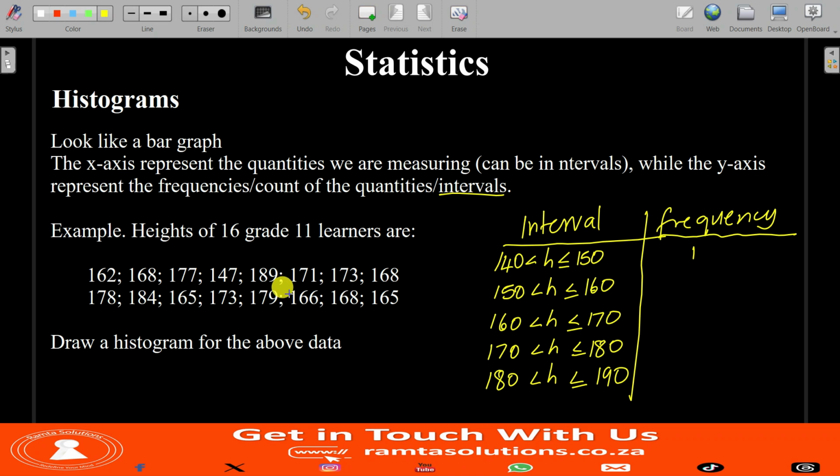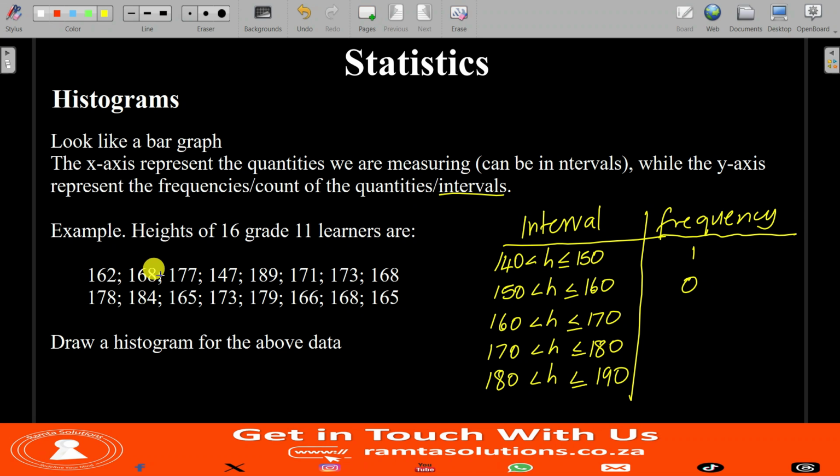Those that are greater than 150 but less or equal to 160, I don't see any, so that's 0. Now those that are greater than 160 but less or equal to 170.